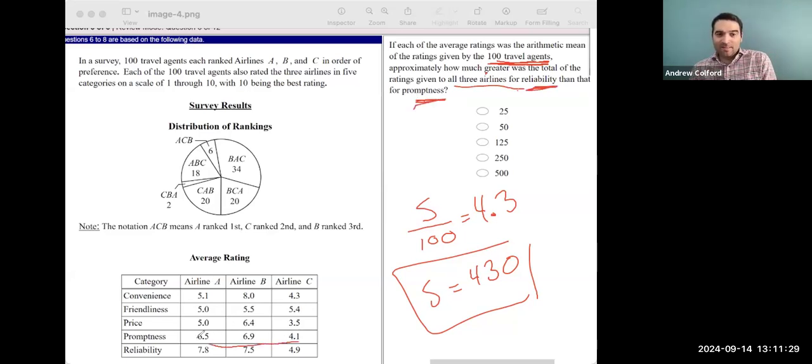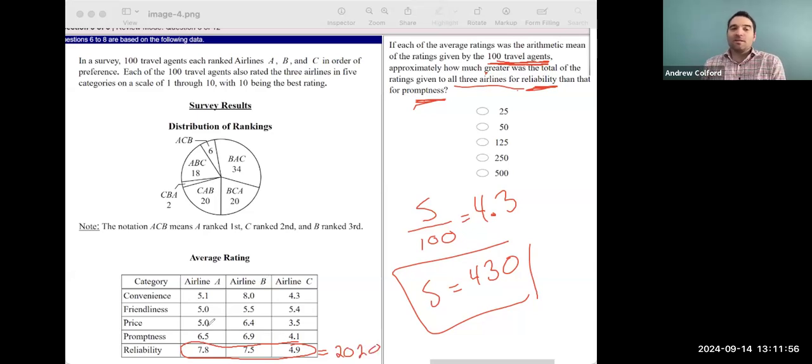So if I go to reliability here, I add these three together, 780, 750, and 490. What does that equal? 2020, right? There it is.